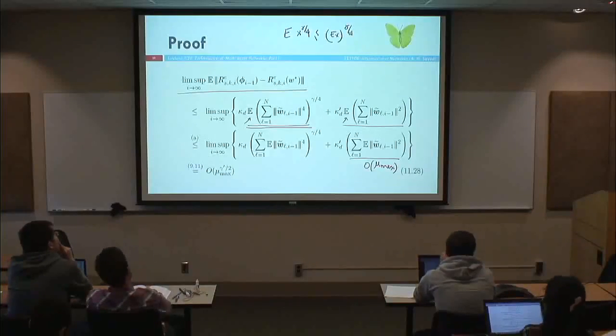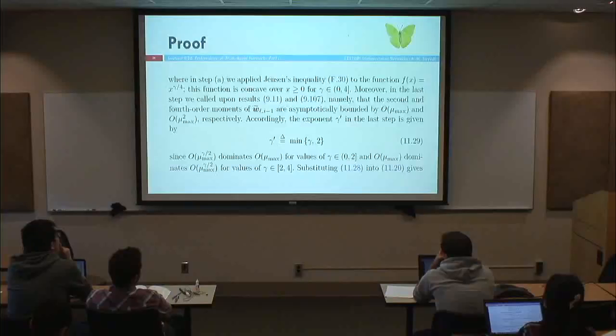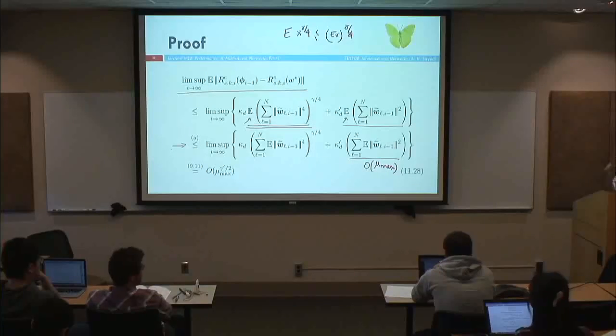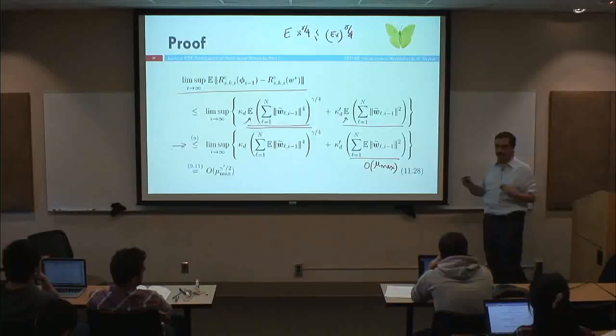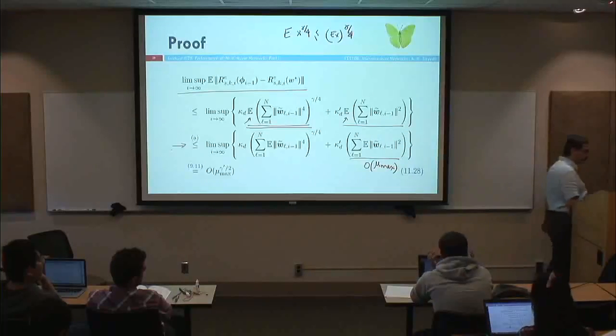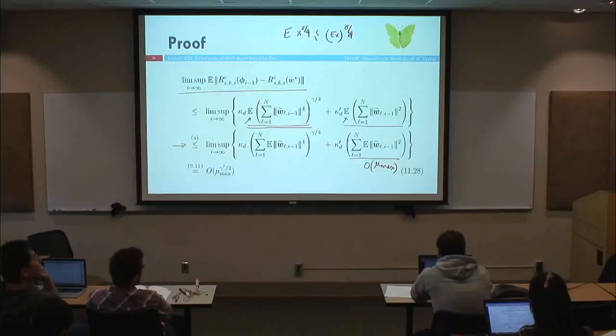This is what I'm using because I can apply Jensen's inequality here. That's because, like I say here, this function x to the gamma over 4 is concave. So that's why the inequality goes in this direction. And that's why, by the way, we limit gamma between 0 and 4. This is where we use it.